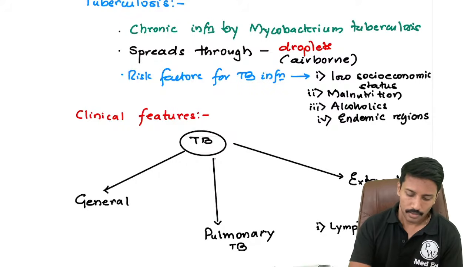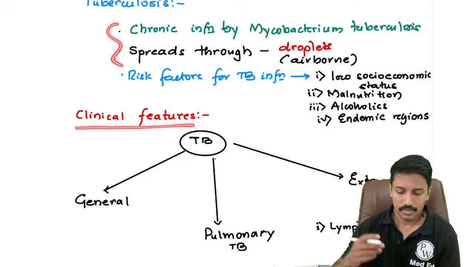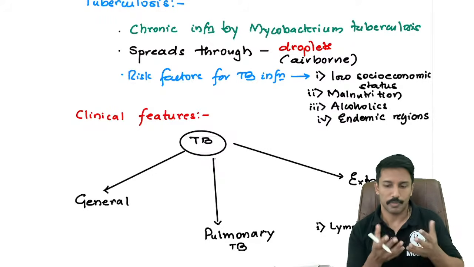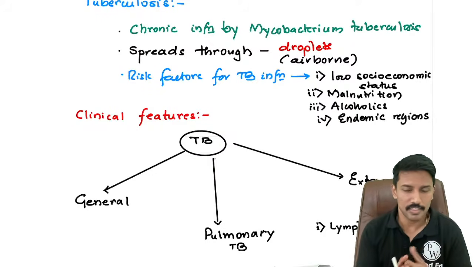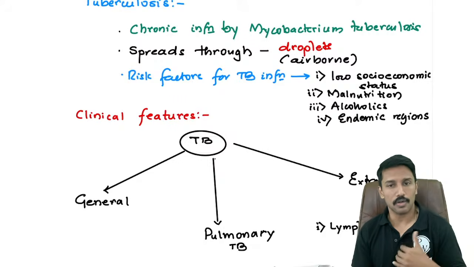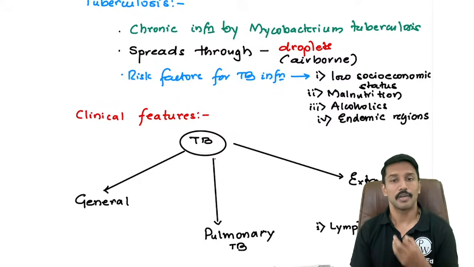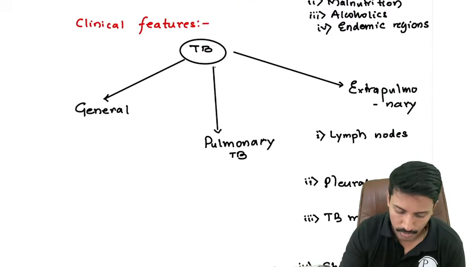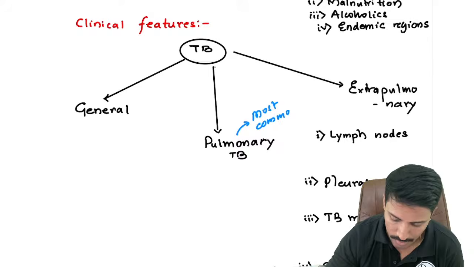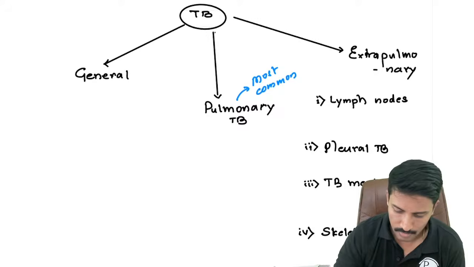Okay. Now, what clinical features does a patient with tuberculosis present with? Because it is airborne transmission, TB predominantly affects the respiratory system. So the most commonly affected organ by tuberculosis infection is the lung, right? Pulmonary TB is the most common form of TB. Now, what symptoms will a patient with pulmonary TB present with?